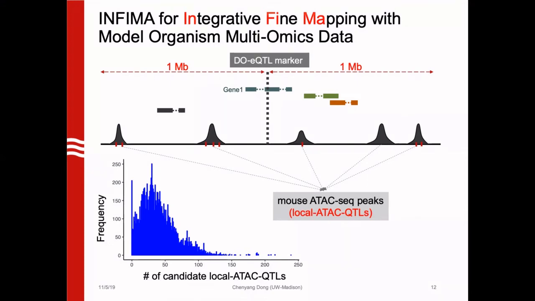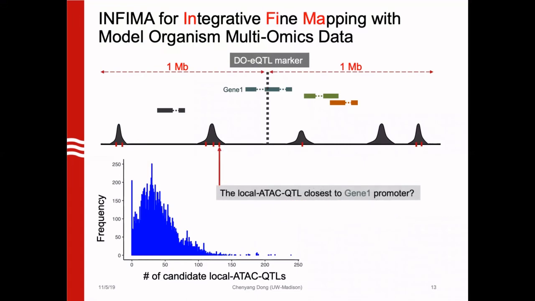Our method is to search within a 1 megabase radius, which is a typical threshold for cis-eQTL analysis. We identify a lot of ATAC peaks within this window, and the local ATAC QTLs covered by those peaks are treated as candidates for this DO eQTL marker.